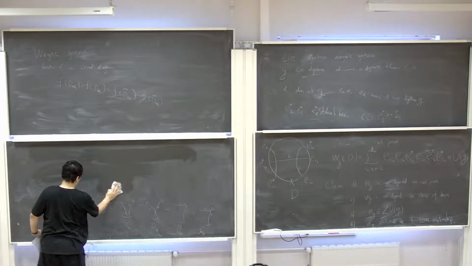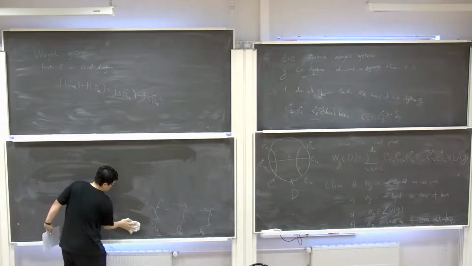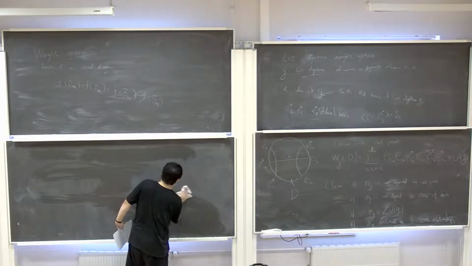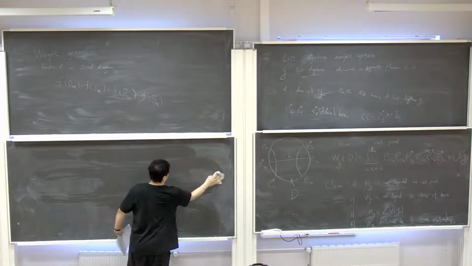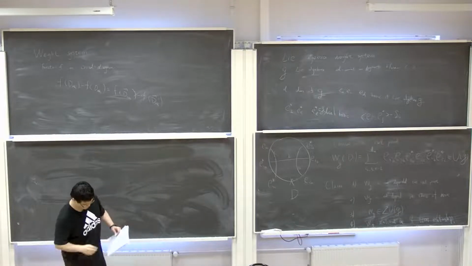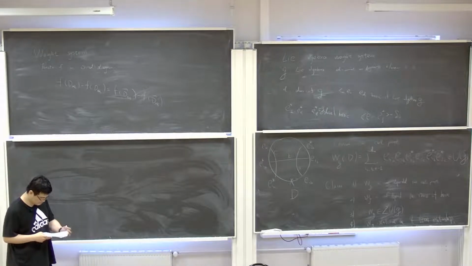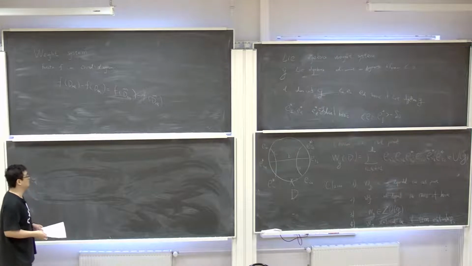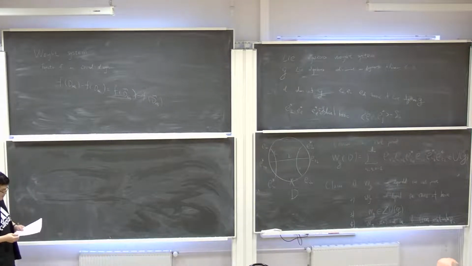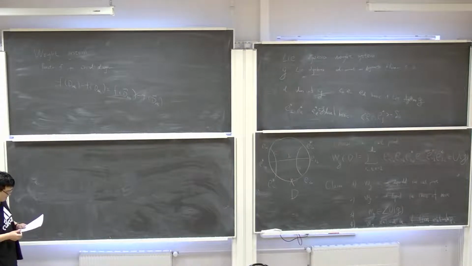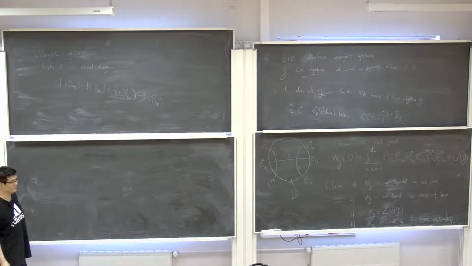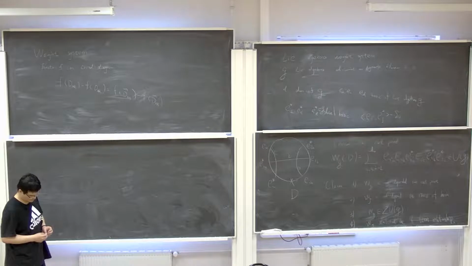But the general problem is that in spite of this very simple definition, the computation of this weight system is extremely complicated already in the case of the simplest Lie algebras like SL2. A number of people were trying to compute the values of these weight systems in the simplest case.